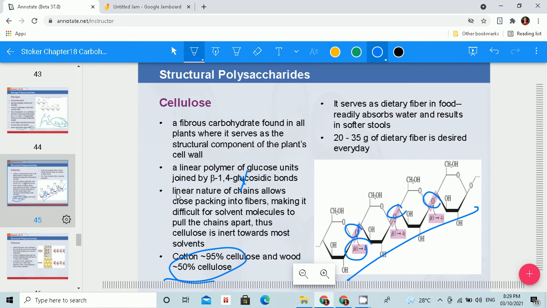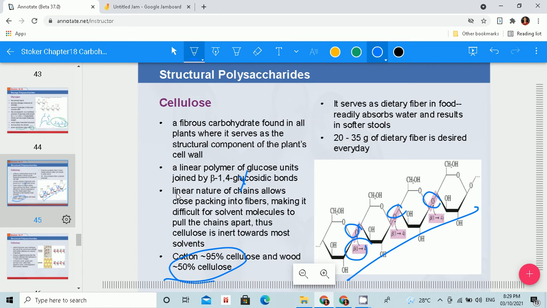Cellulose is a sugar, so it serves as their food. They have an enzyme called cellulase that hydrolyzes cellulose into glucose. And also, cellulose serves as a dietary fiber in food, readily absorbs water, and results in softer stools.